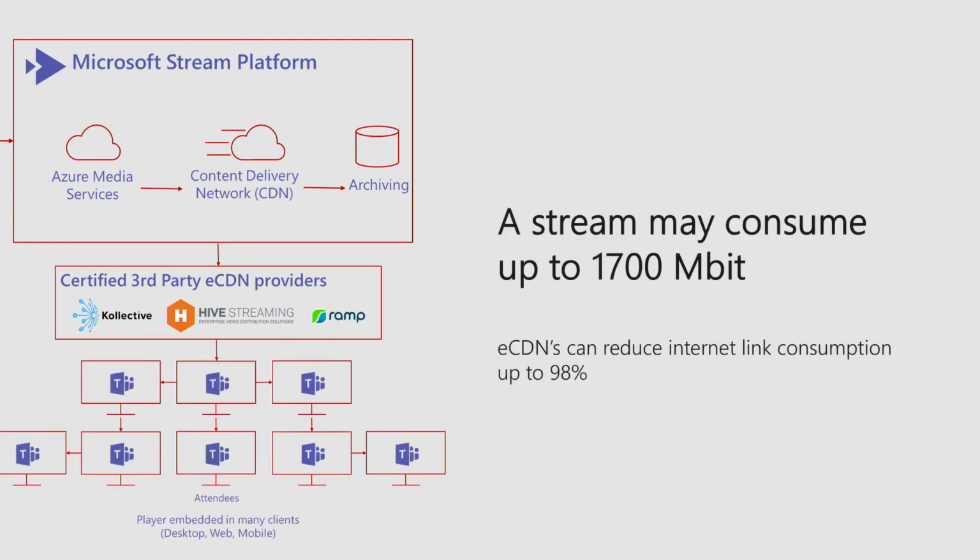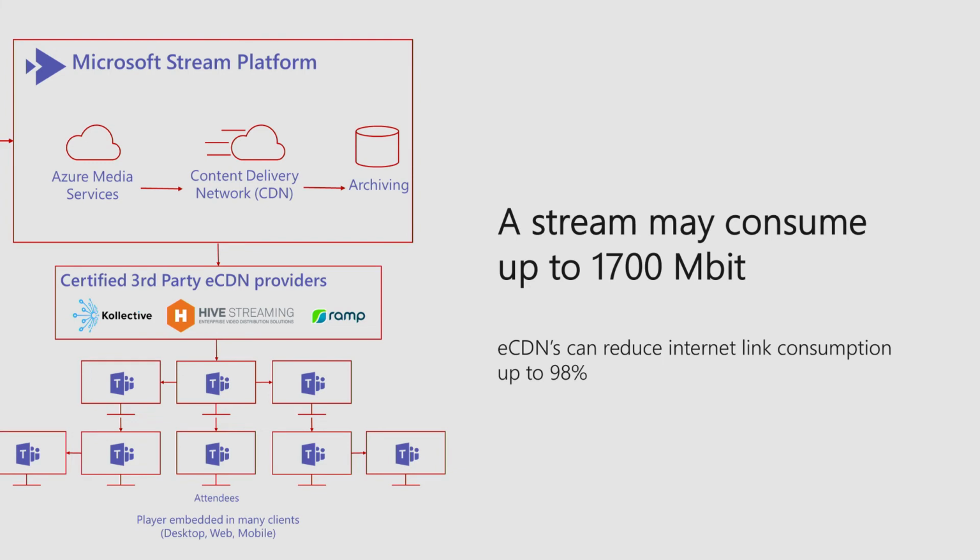The challenge is that the stream may consume up to 1,700 megabits, which is quite a lot. If you have 500 of those, it may go to hell, and we will have a poor experience. It's great during pilot and rubbish during production. Make sure you think about that.